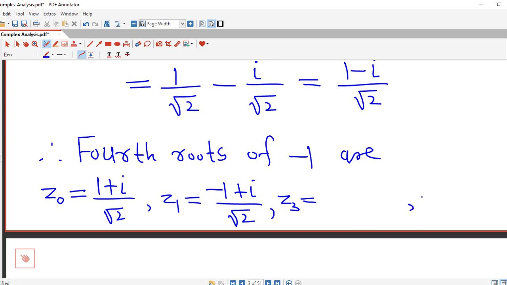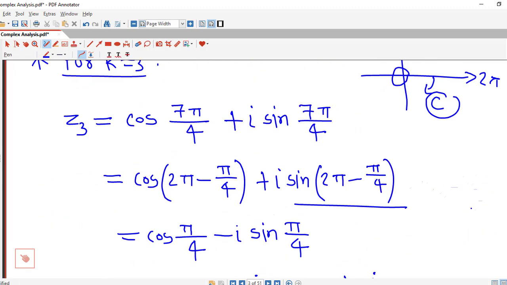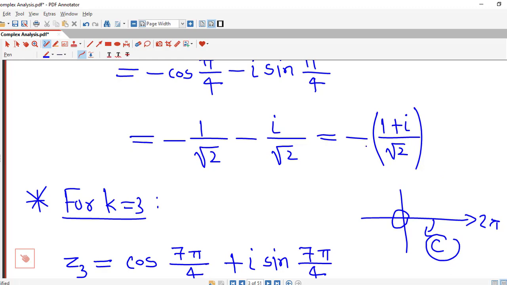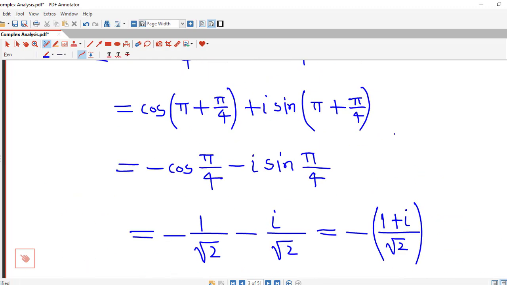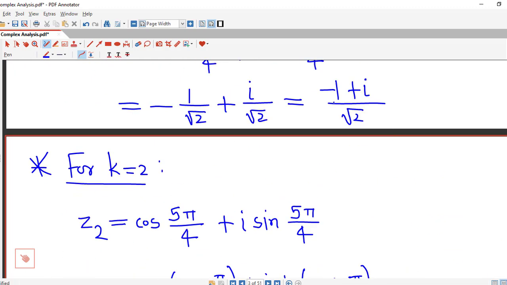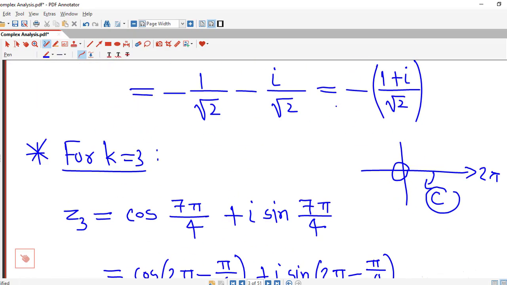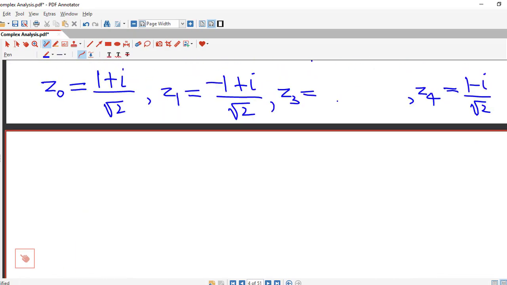We will write z3 here, and z4 we just found is 1 minus i divided by root 2. And what is z3? z3 is negative of 1 plus i over root 2, and let me check z2 also.